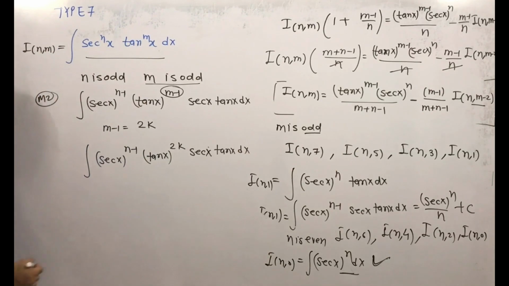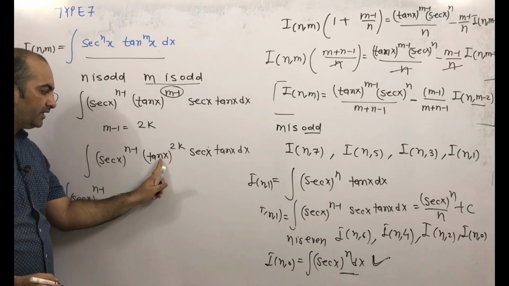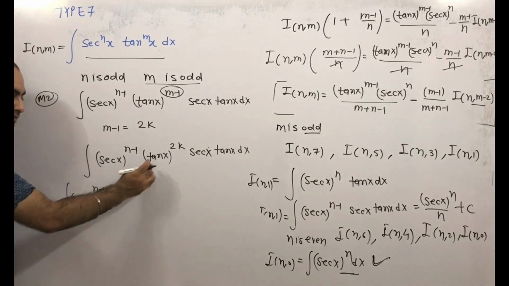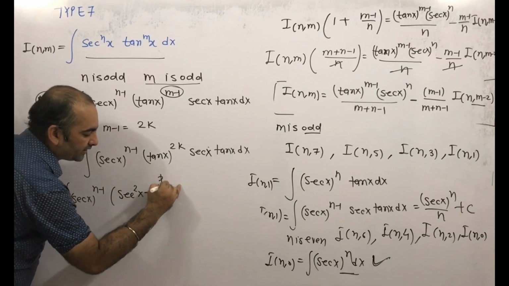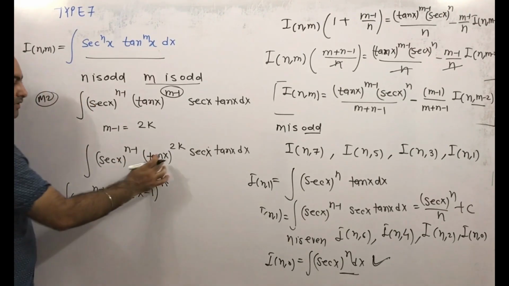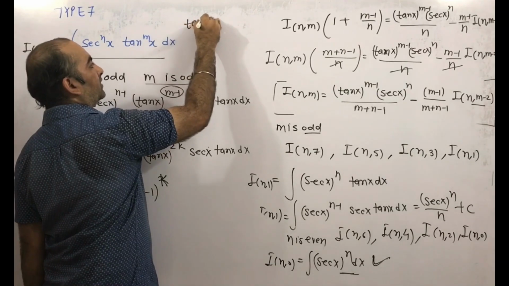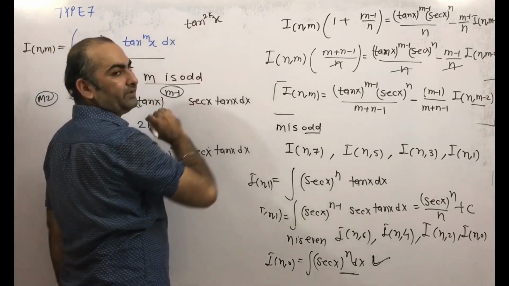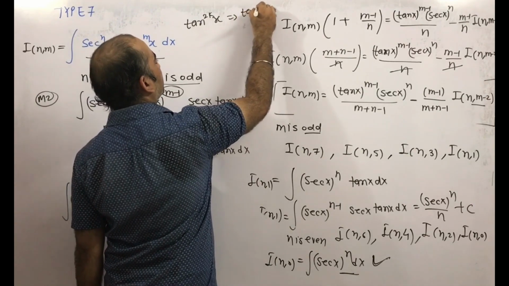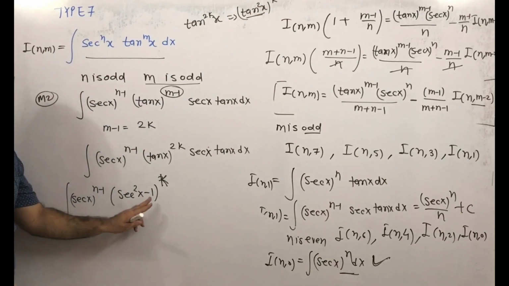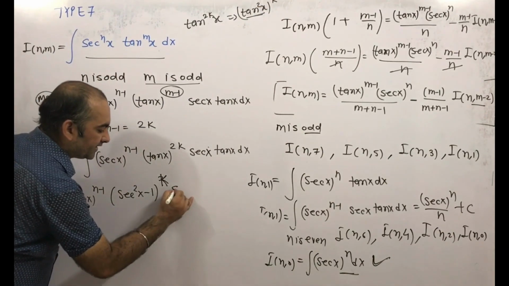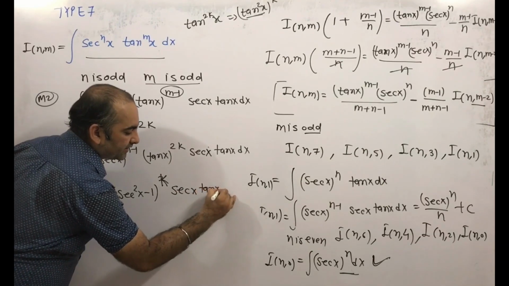So this we can write as the integration of secant x to the power n minus 1, tan x to the power 2k. This we can write as tan squared x to the power k, and tan squared x we can write as secant squared x minus 1, to the power k, times secant x tan x dx.